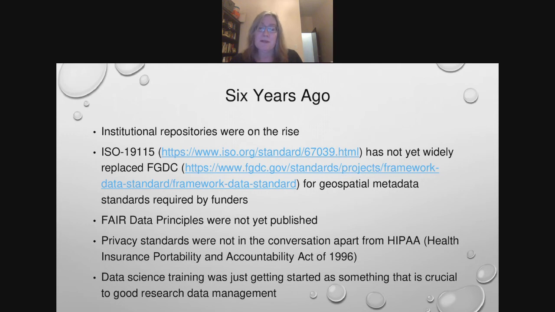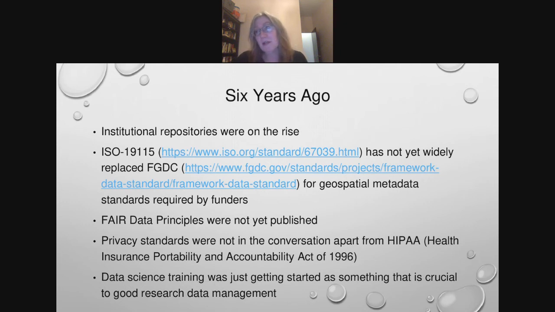The US was following a standard called FGDC for geospatial metadata, and it was on the cusp of being somewhat replaced, at the request of funders, by ISO 19115. So that was a fuzzy area. FAIR data principles were not yet published, so FAIR wasn't even a thing.